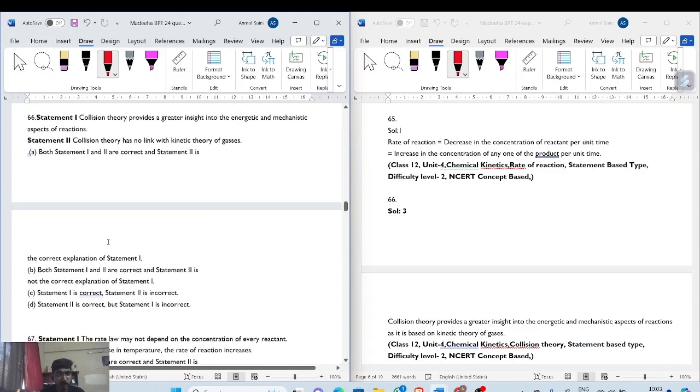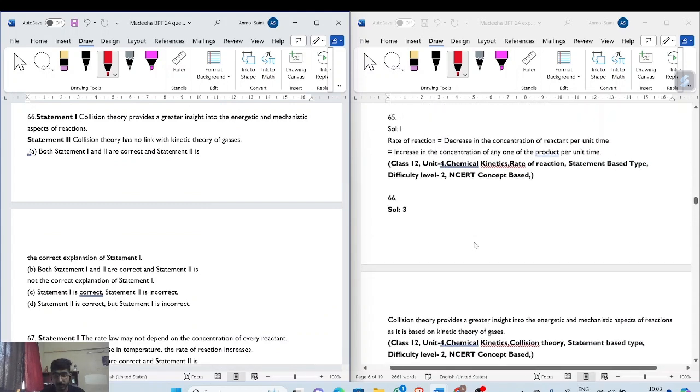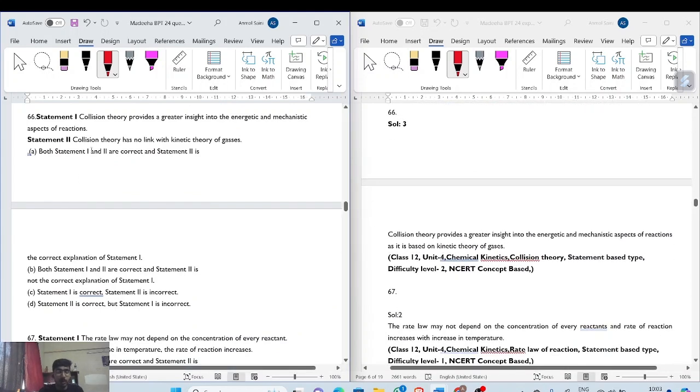Now comes question number 66. Collision theory provides greater insight into the energetic and mechanistic aspects of reaction. Yes, this is a correct statement. Here we are given two statements, and we have to tell which is correct and which is incorrect, and whether statement 2 is the correct explanation. Statement 1 is absolutely correct: collision theory provides information about energy, mechanism, and everything.